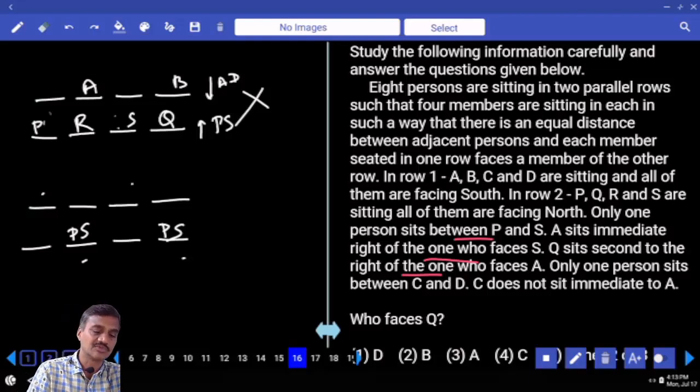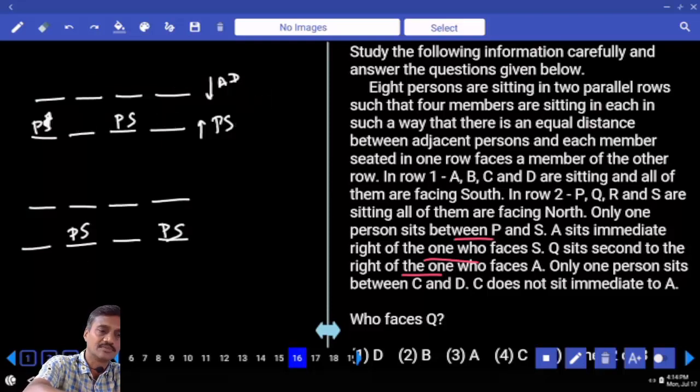Next, in this possibility, there are 2 different possibilities for P and S. If you take S at this place and P here, there is one such possibility. Then S is here and P is here, and S opposite immediate right hand side is A, isn't it?